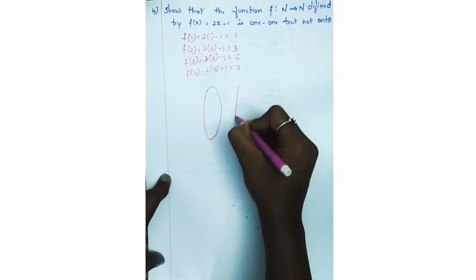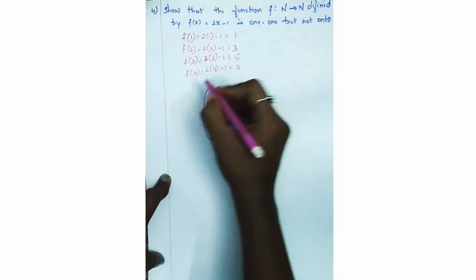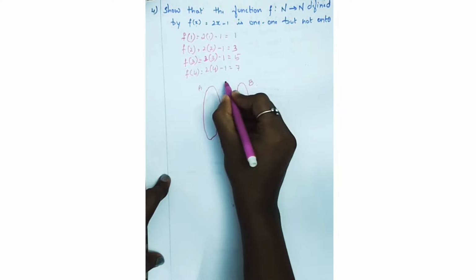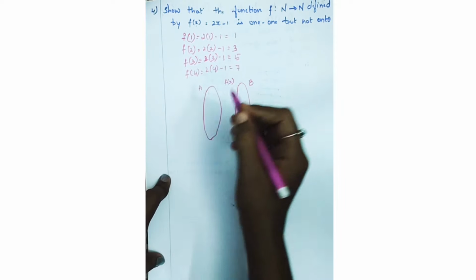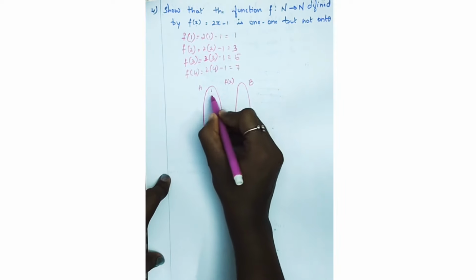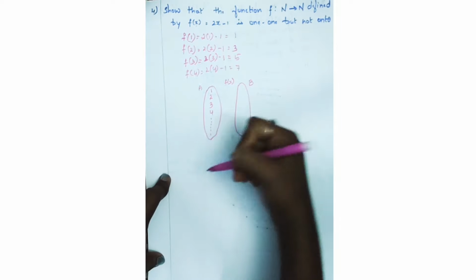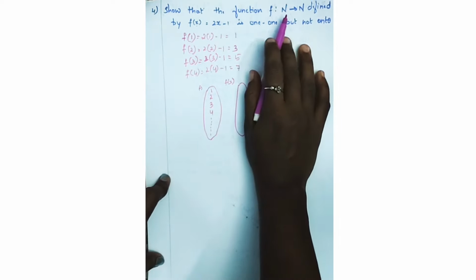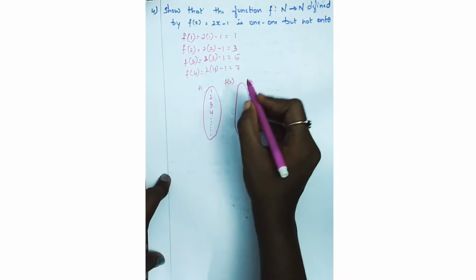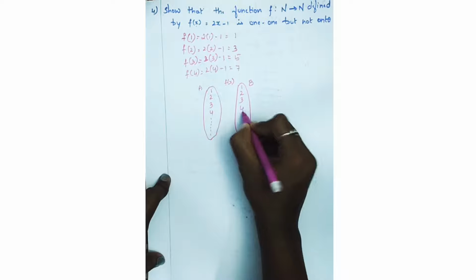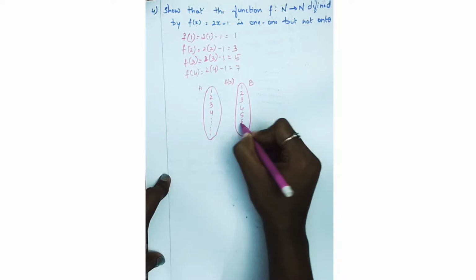So this is your A and this is your B. We are doing f of x, right? So here in A we have natural numbers 1, 2, 3, 4 and so on. They have given N, so it's going on. Now B: 1, 2, 3, 4 and 5, 6, 7 and it's going on.